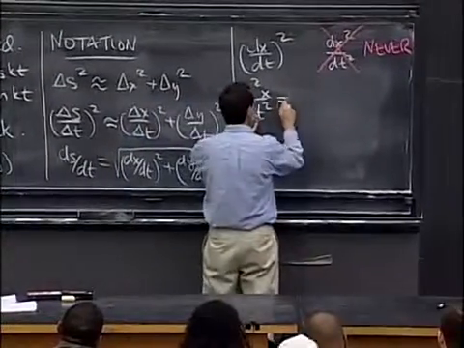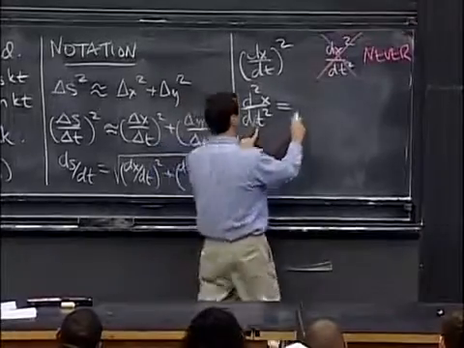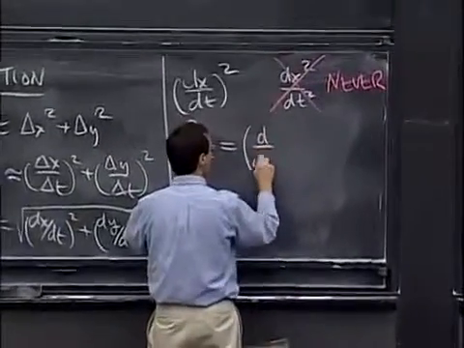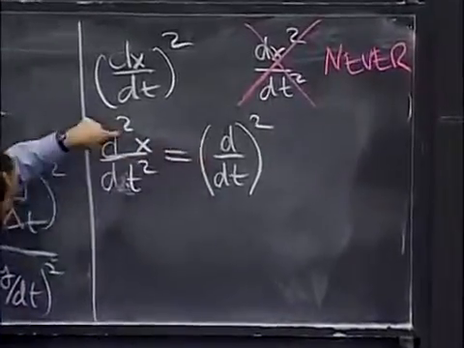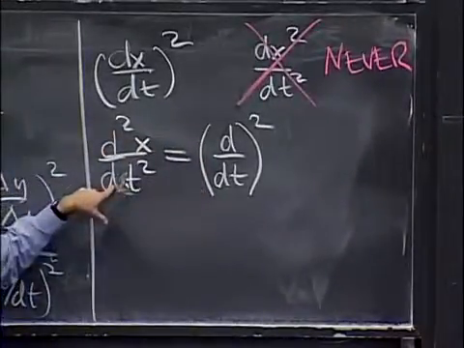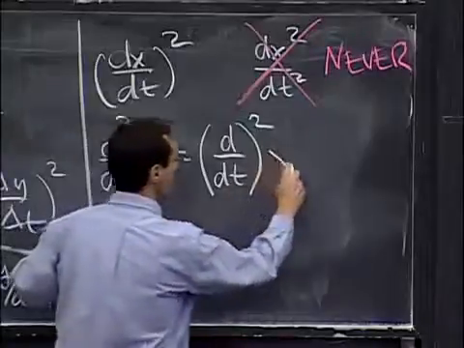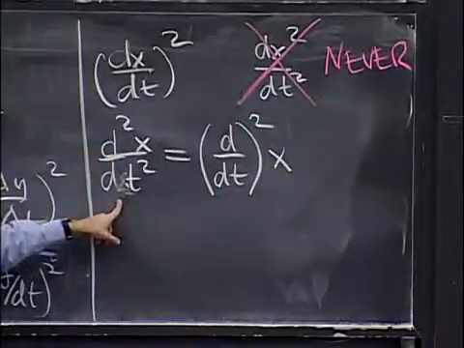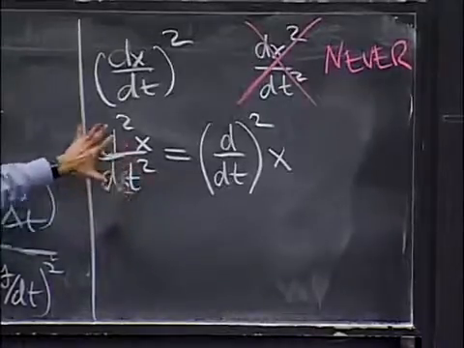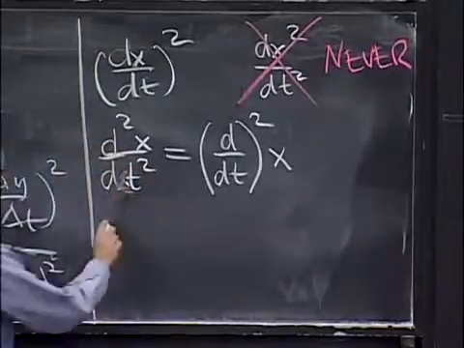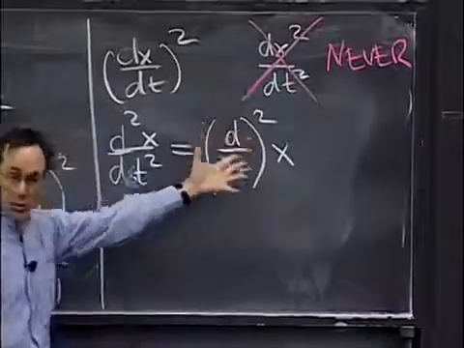But what this represents is the quantity d over dt, squared. And you can see the squares came in and squared the two expressions. And then there's also an x over here. All right? So that's legal. Those are notations that we do use, and we can even calculate this. It has a perfectly good meaning.